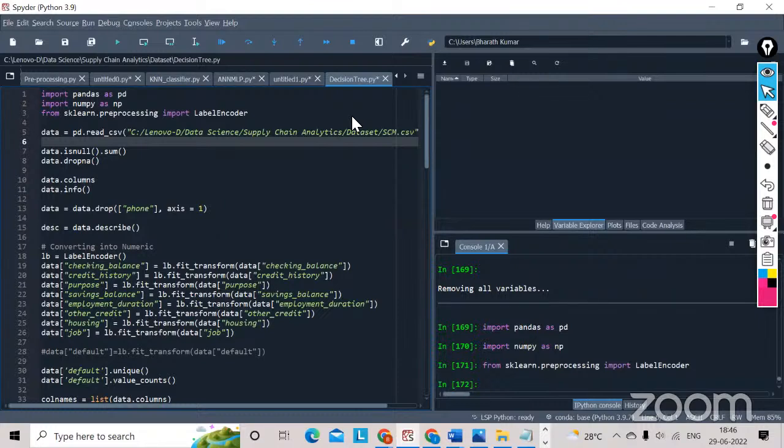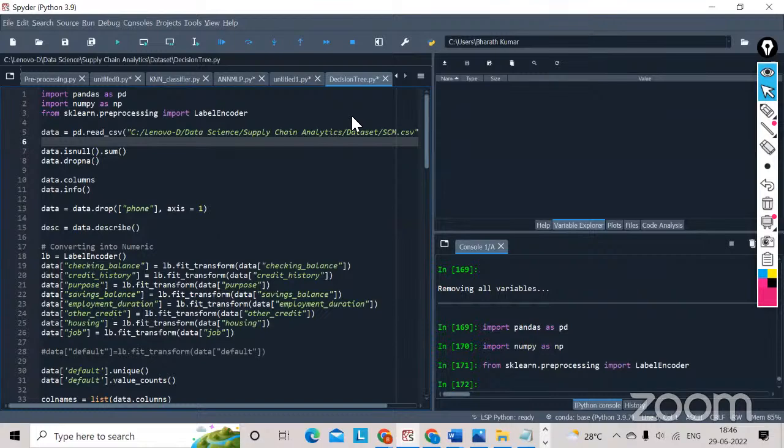So next I'm looking at the null values. I will drop the null values if there are any. data.dropna, data.columns as well.